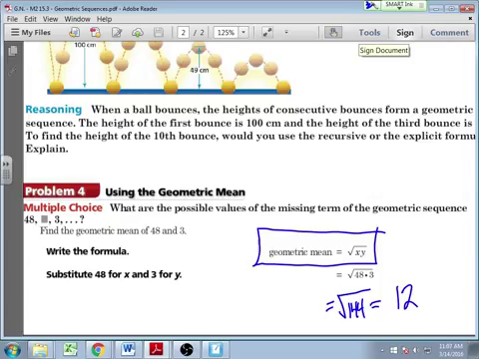Because I only see the first and the third term here, I only see odd terms, so I'm not certain whether this ratio will be positive or negative. So if this value is 12 or negative 12, what is your ratio?